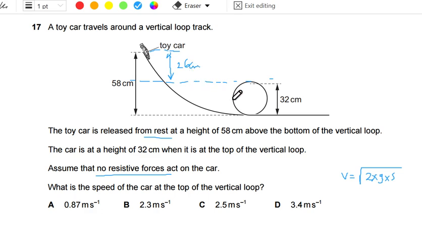So vertical distance for acceleration of free fall, we can simply substitute and find the answer to be 2.3 meter second minus 1.